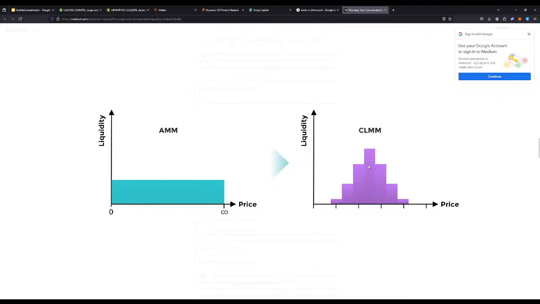Whereas in a concentrated liquidity pool, the liquidity that you're providing is provided in a fixed range. So for example, we can say from the current price point, a -10% to +10% range.